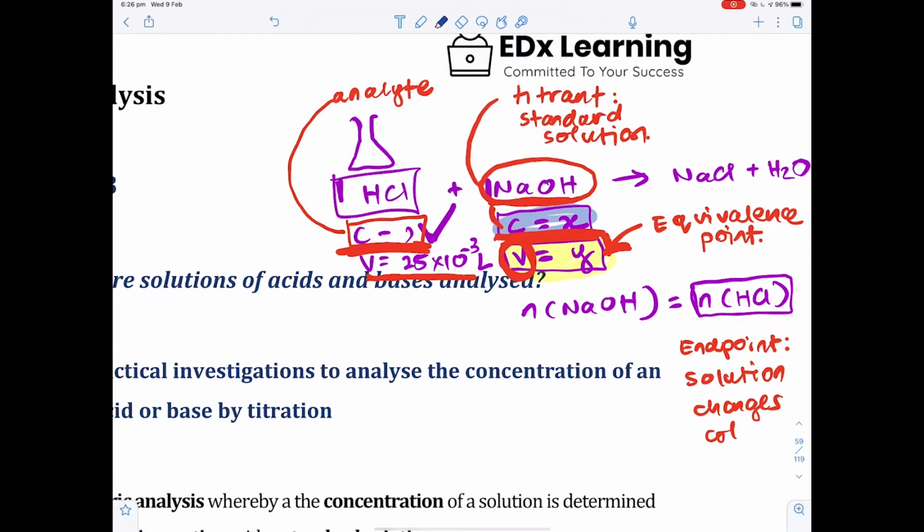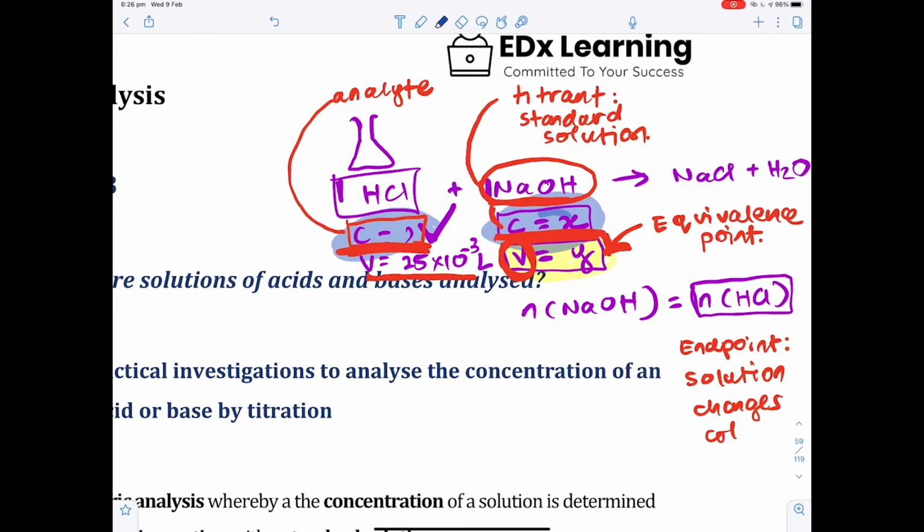If you don't know this concentration, aka it is not a standard solution, and you don't know this concentration, you have two unknowns. You go back to year 7 maths, you need two equations to determine two unknowns, right? And so it's impossible to do a titration unless you have one solution of accurately known concentration, which is your standard solution. Does that make sense?